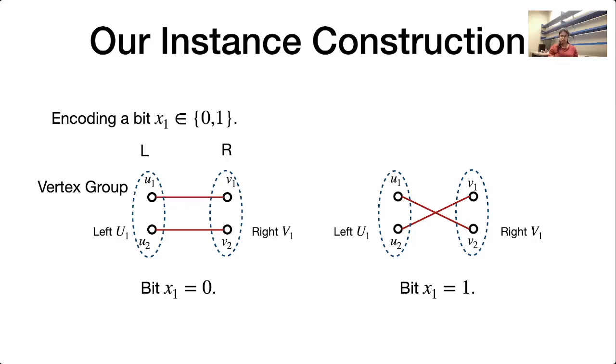If this bit was 1, we're going to cross out these edge connections, and U1 is going to be connected to V2, and U2 is going to be connected to V1 instead. So this way, we're going to use 4 vertices to encode this one specific bit.